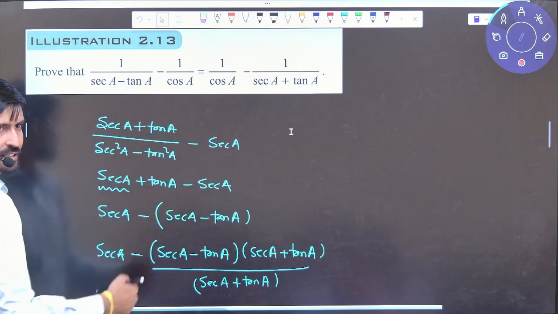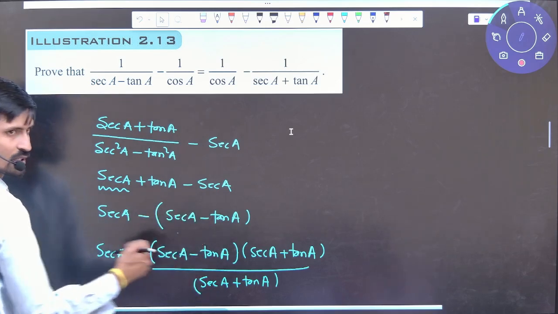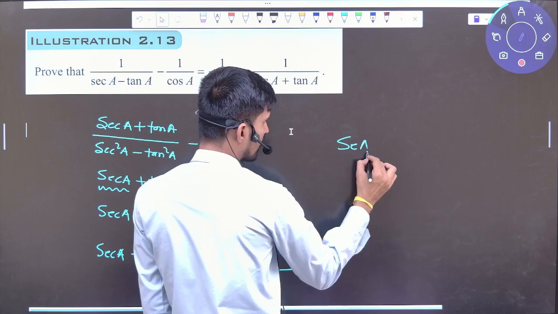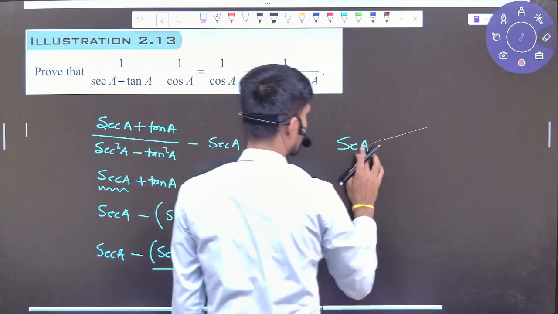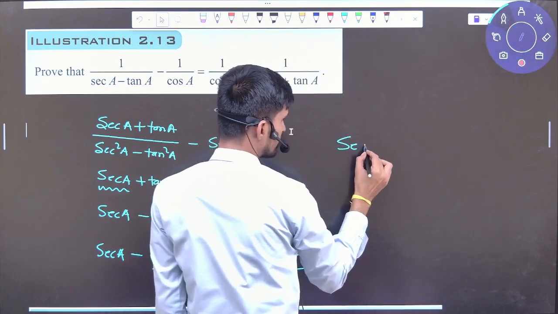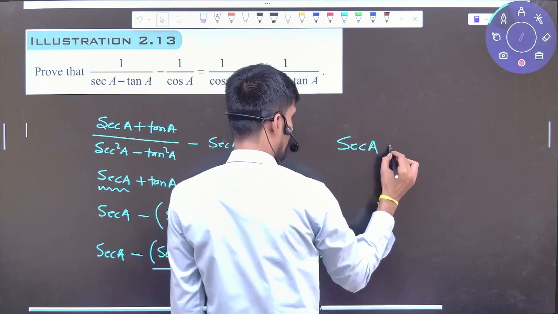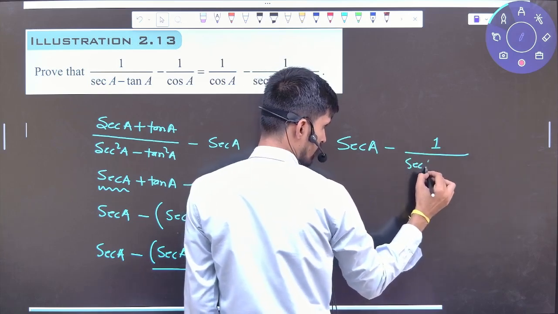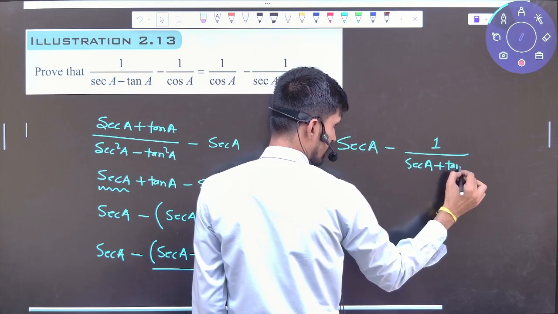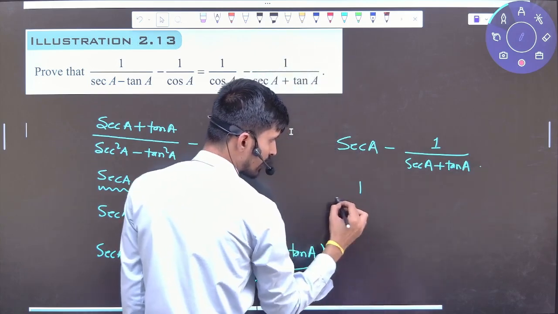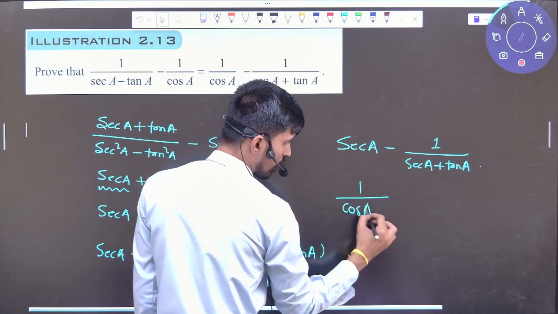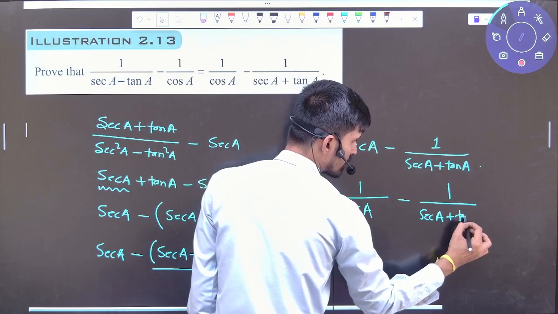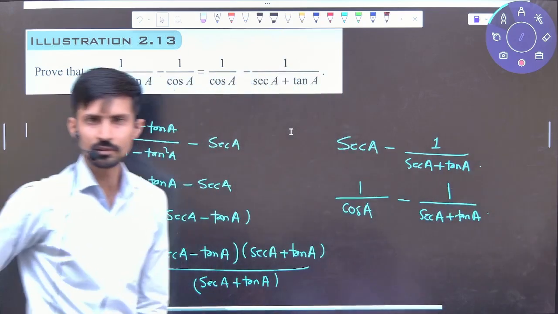Sec square A minus tan square A will be 1, and 1 upon sec A plus tan A. Simply this will become sec A minus 1 upon sec A plus tan A. And sec A we can write as 1 upon cos A minus 1 upon sec A plus tan A. See, proved.